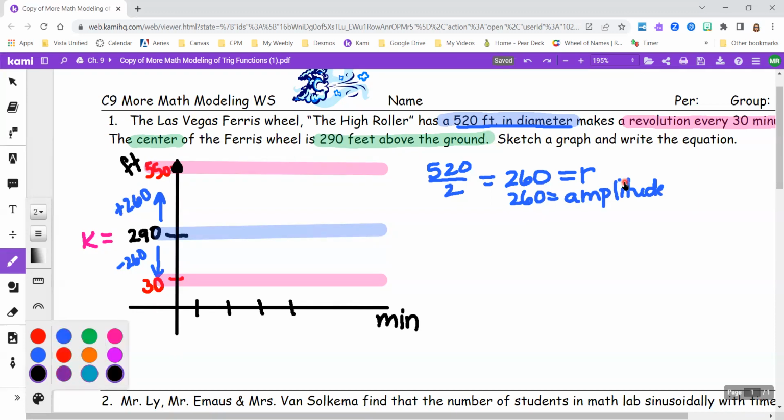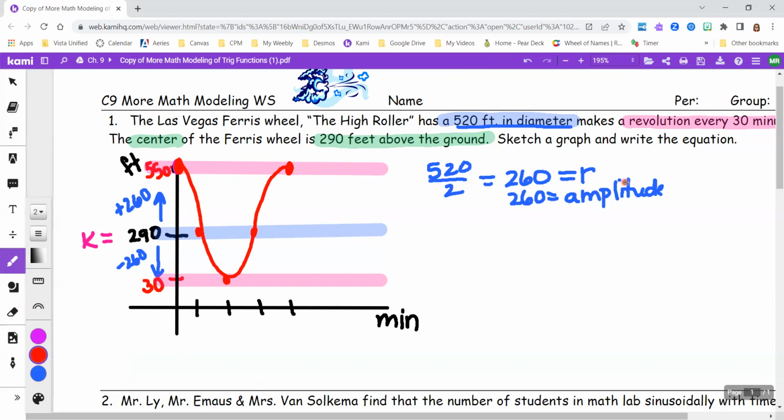Let me graph it in this red so you can see it. That's going to be my high. Over here, this is my high. This is going to be my middle, my low, my middle, and this is going to be my graph.